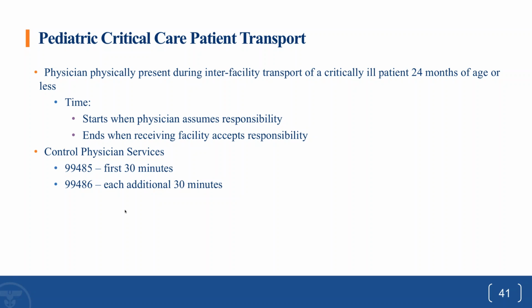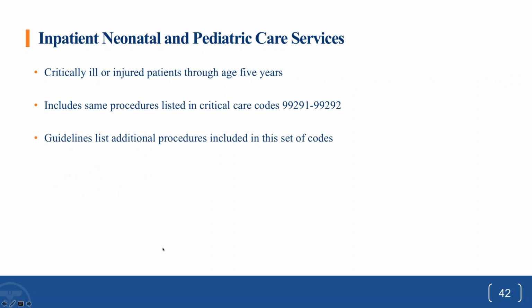So remember, I was saying you can bill that if they had it performed in the ER, but if this is performed in ICU, in an intensive care unit, then you can't bill these particular services separately. They're all rolled up into the CPT codes on page 45. Okay. So again, this is just talking about the critical care.